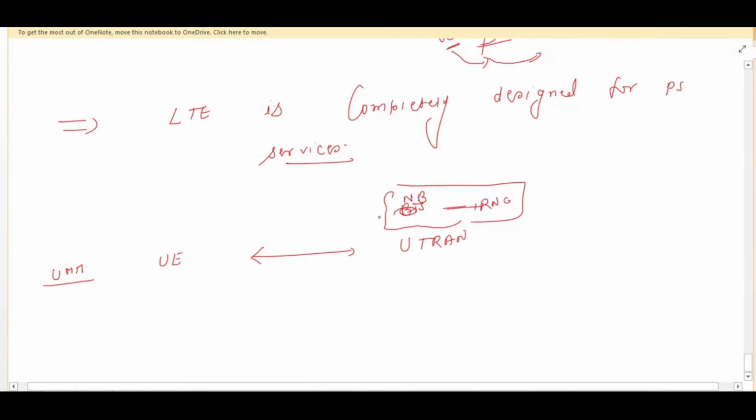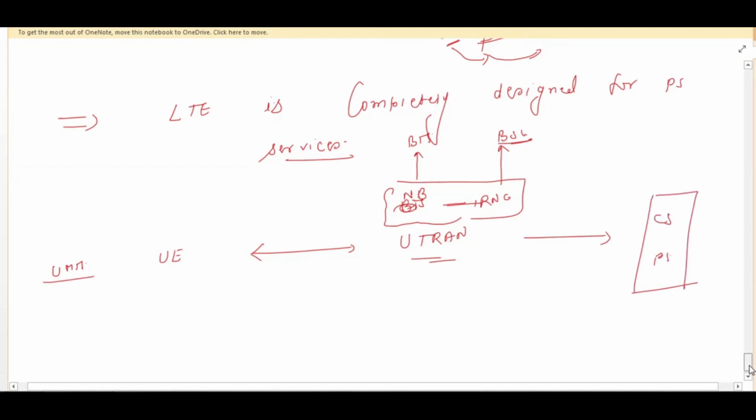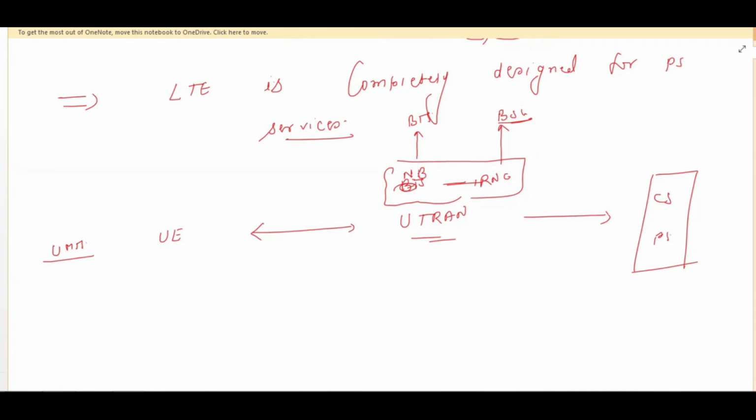Node B does the same functionality that you know about the BTS in GSM. RNC is the same thing that you know about the BSC in GSM. So the combination of Node B plus RNC is UTRAN. Then, as I said, in the core network you have two domains, CS domain and PS domain. As I said, we are not spending too much time on 3G.